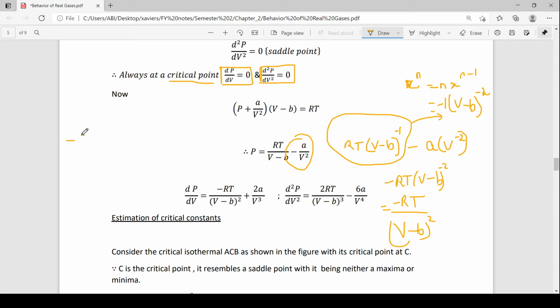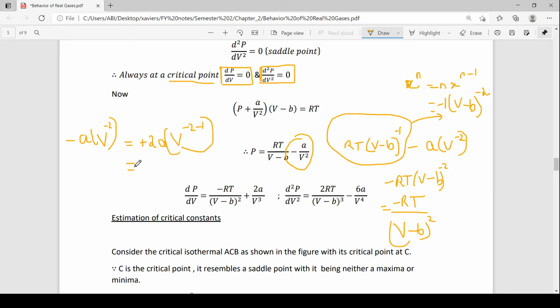So minus a into v raised to minus 2. So what can I write this as? Minus 2 into minus a can be written as plus 2a. Same thing, it's derivative of v raised to n. So minus 2 into this will be plus 2a, v raised to the power of minus 2 minus 1, so I get minus 3.